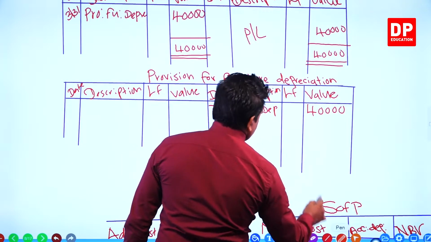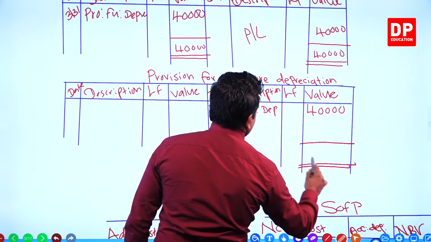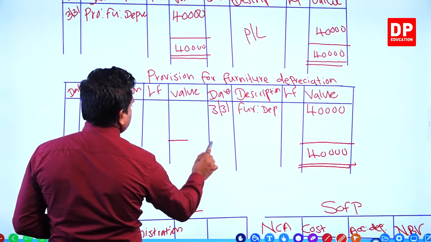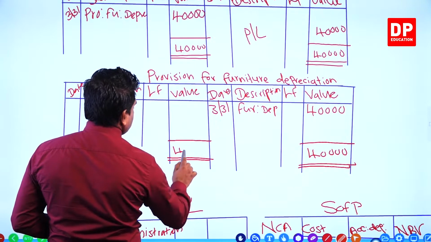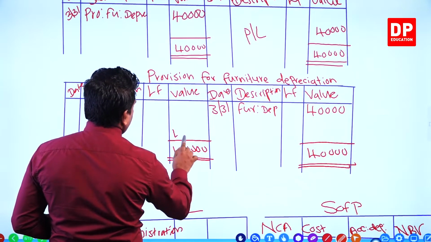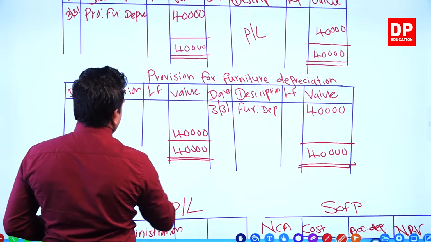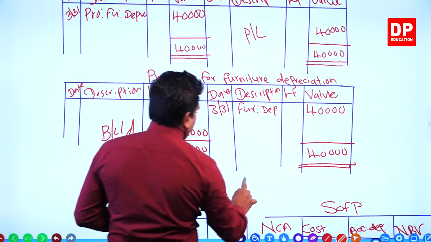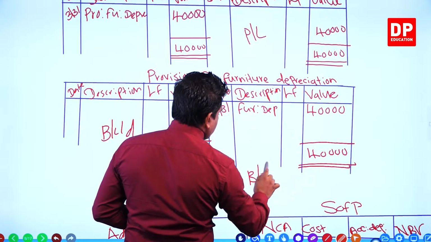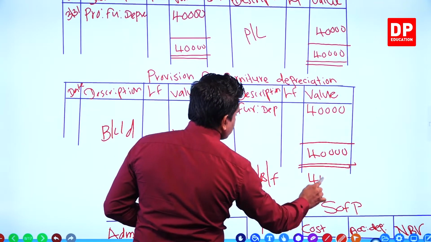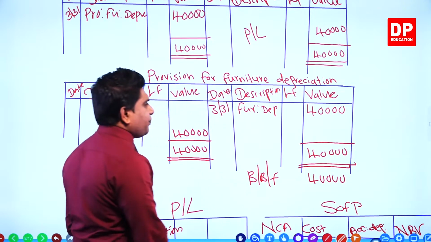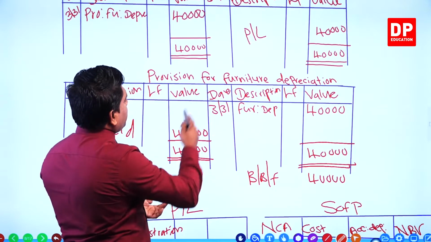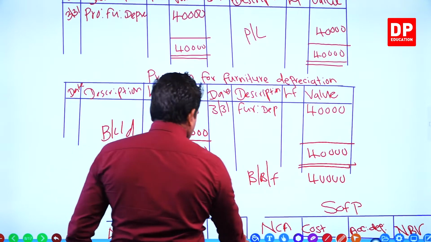Now you balance off this one. 40,000, 40,000. Balance carried down, balance brought forward 40,000. You bring this one where? Accumulated depreciation column. But before we go there, we have to record these details in the general journal.